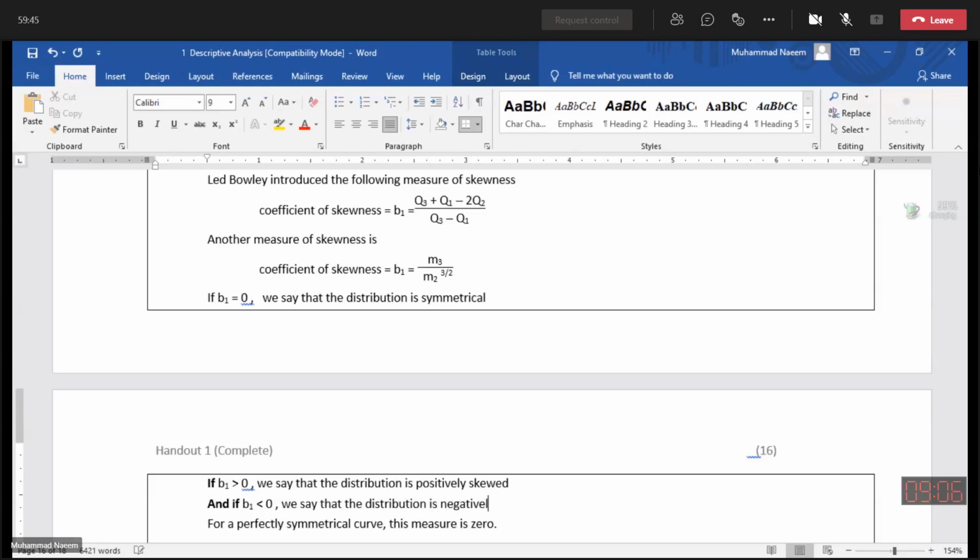So we can say that the distribution is either symmetrical, positively skewed, or negatively skewed.